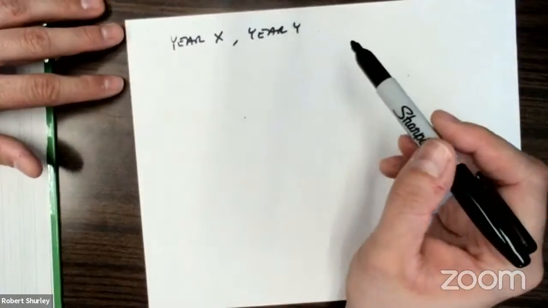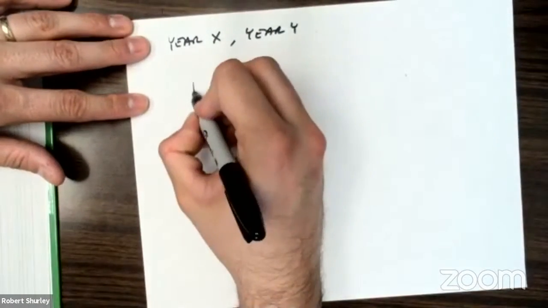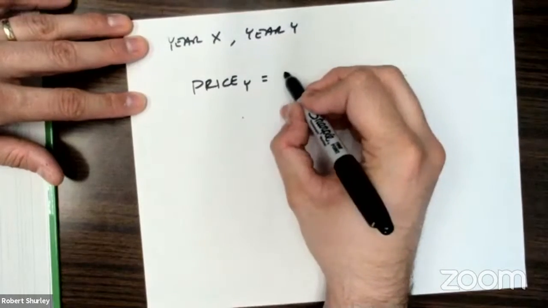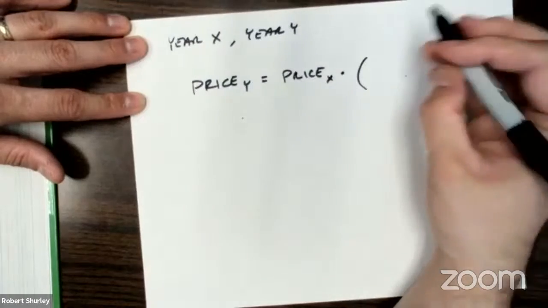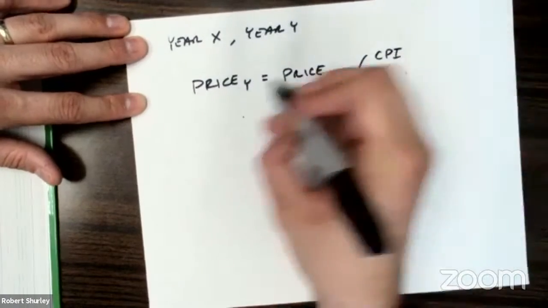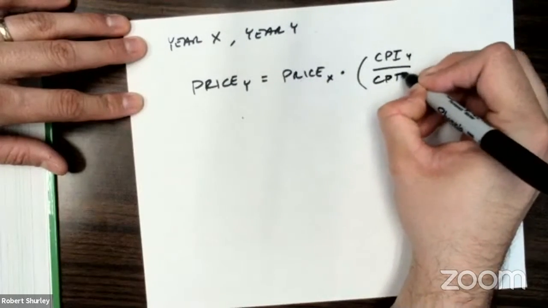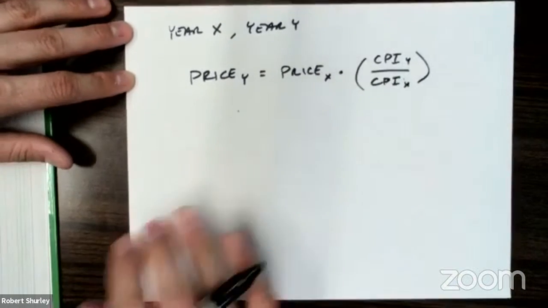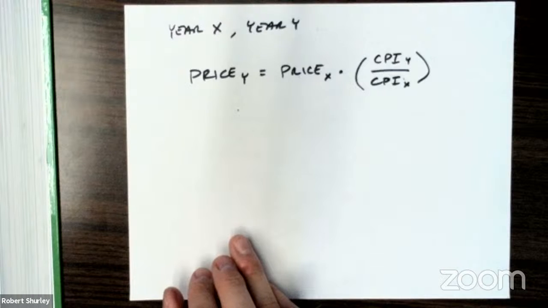So year X and year Y. The equivalent price in dollars for year Y. So the price for year Y is going to equal the price in year X times the CPI for what we're looking for, Y, over the CPI of what we know, X. And this will give us the price adjusted for inflation, okay?